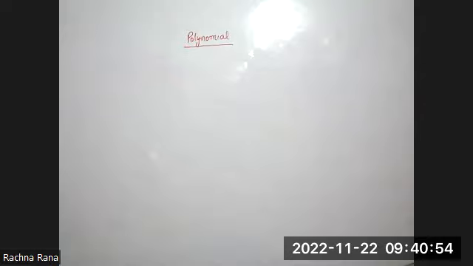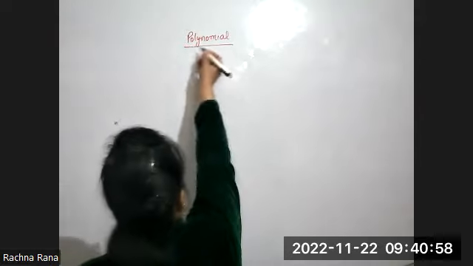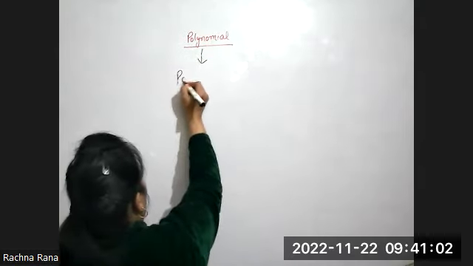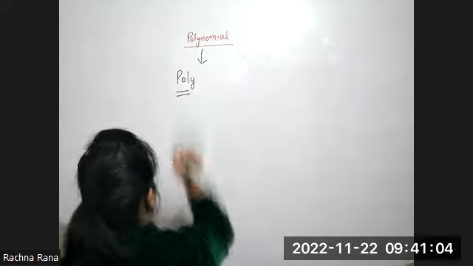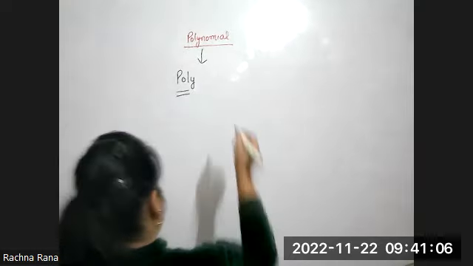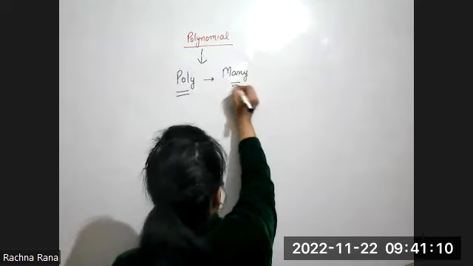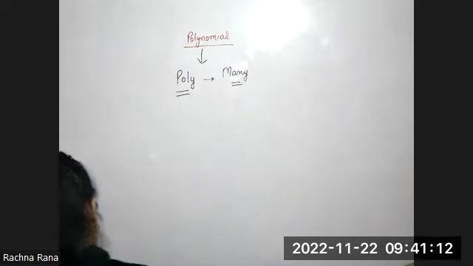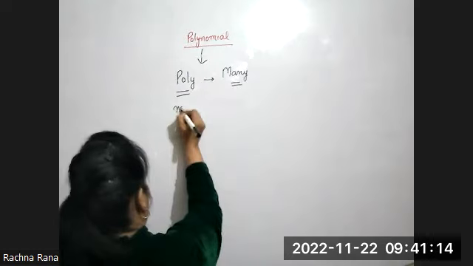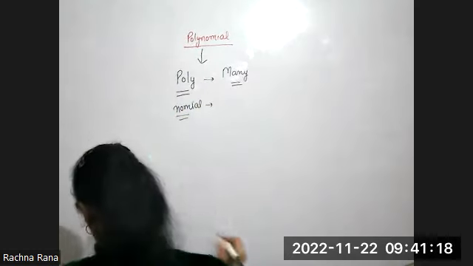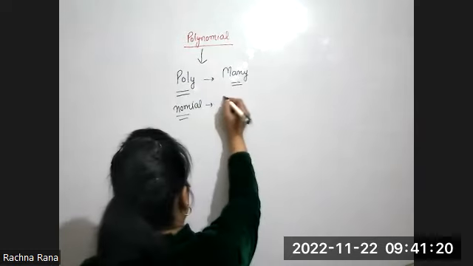What do you mean by polynomial? The word polynomial comes from poly. Poly means many, and nomial means term.